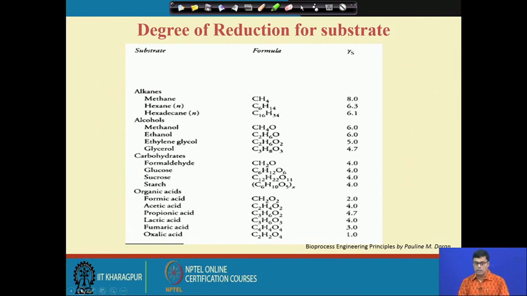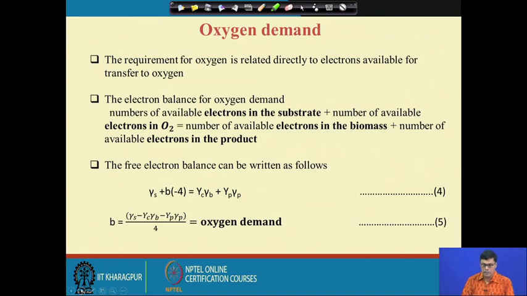Now, we have done some degree of reduction calculations with respect to some substrate molecules like alkanes, alcohol, carbohydrate and organic acid. You can practice. Now, how can you calculate oxygen demand? Because this is very important.